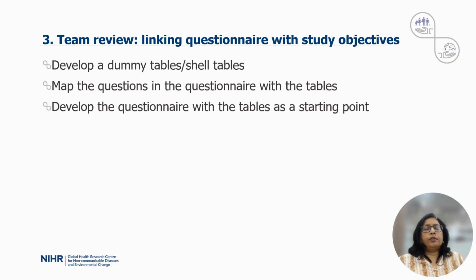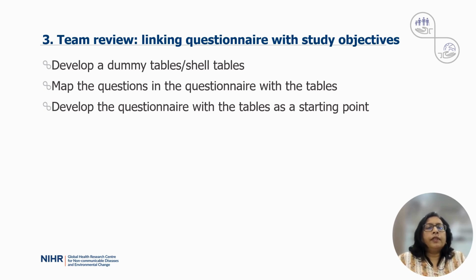So how do we do this? There is something called a dummy table or a shell table. Whenever we have data, we ultimately present it as tables, summaries. A researcher will clearly know what exactly they would like to present at the end of the study, or you might choose examples of existing studies to say, this is how I would like it to be presented.